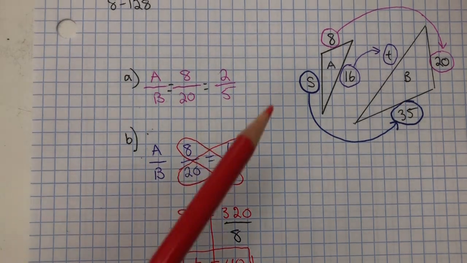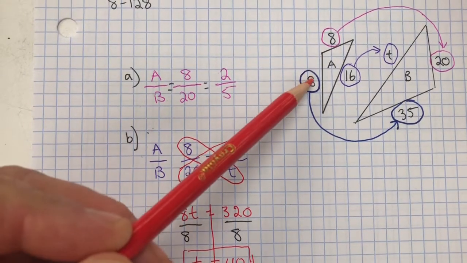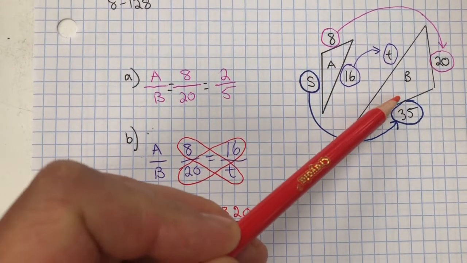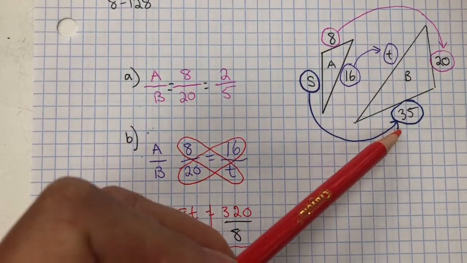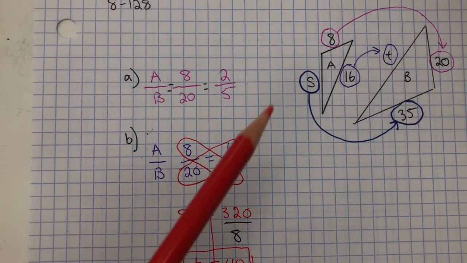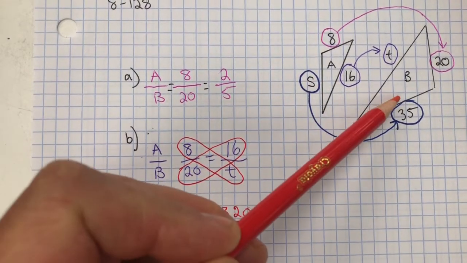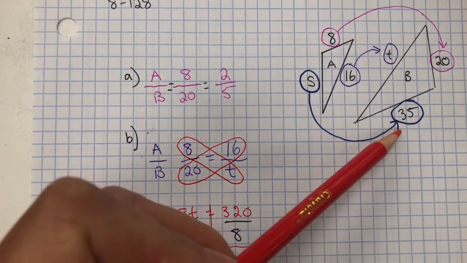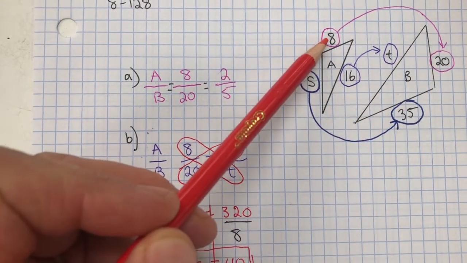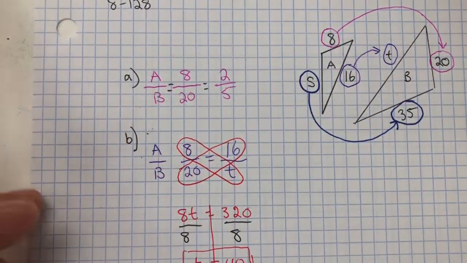To find S, we do the same thing. S, A to B. S over 35, and then 8 over 20.